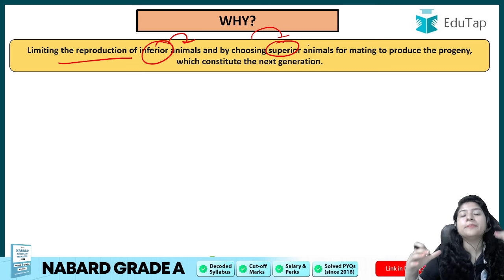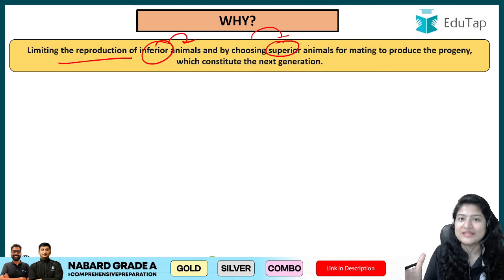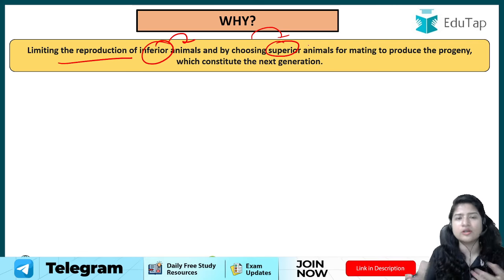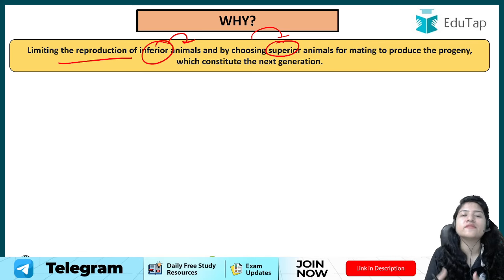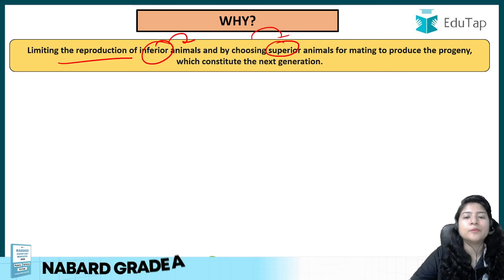Sometimes both the parents are of superior quality, so that in the progeny we have the best of both worlds. All in all, breeding is done so that we can have superior progeny with the desirable genes that the breeder or farmer wants, and it depends on the purpose for which you are rearing that particular animal.